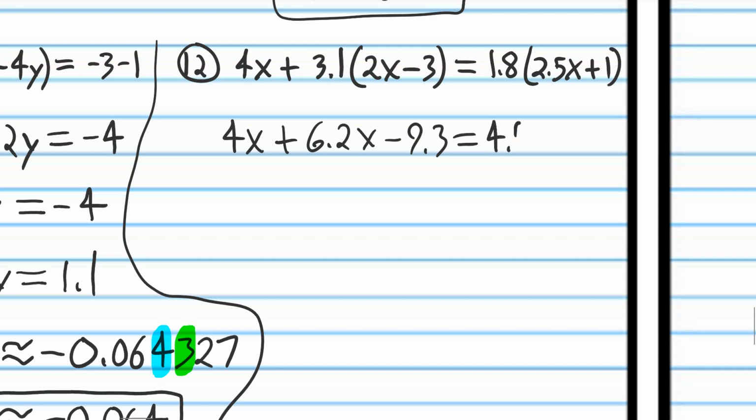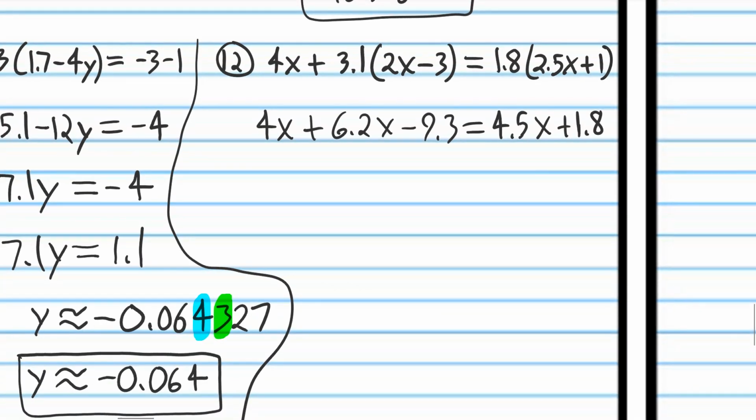We get 4.5x, and then 1.8 times 1 is obviously just 1.8. So double check all those calculations. Make sure your signs are correct. Remember, problems with signs, that's the most common mistake that students make. 4x plus 6.2x is 10.2x.